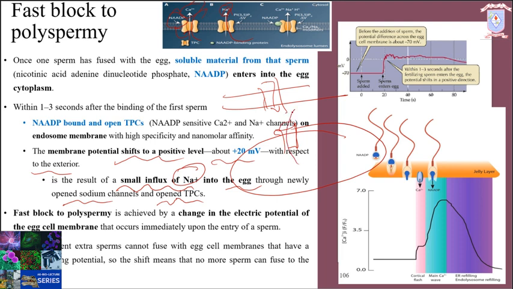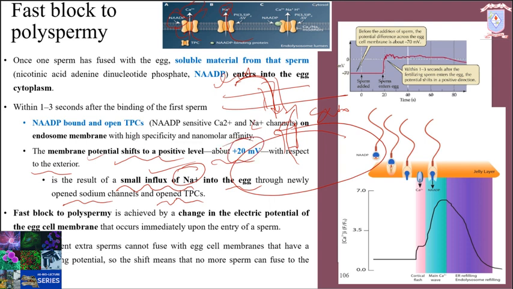From the endosome, the calcium ions and sodium ions are transported outside the endosome towards the cytosol, and the sodium channels that open on the plasma membrane transport sodium ions from the outside of the cell towards the egg cytoplasm. That results in a small influx of sodium into the egg and a change in the membrane potential, a shift to the plus 20 millivolt level.